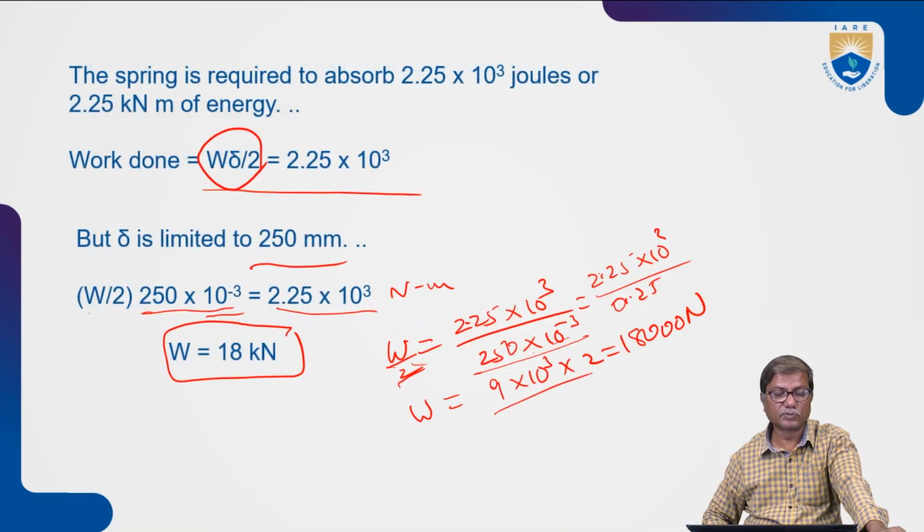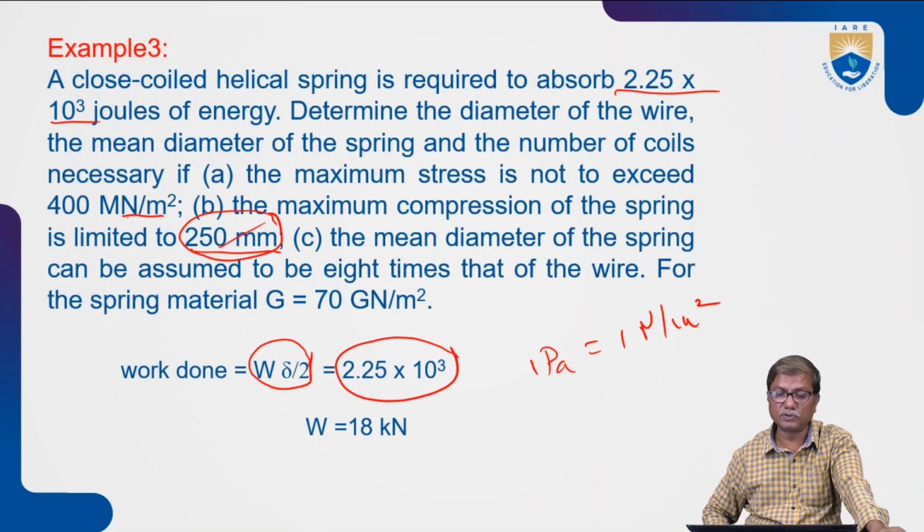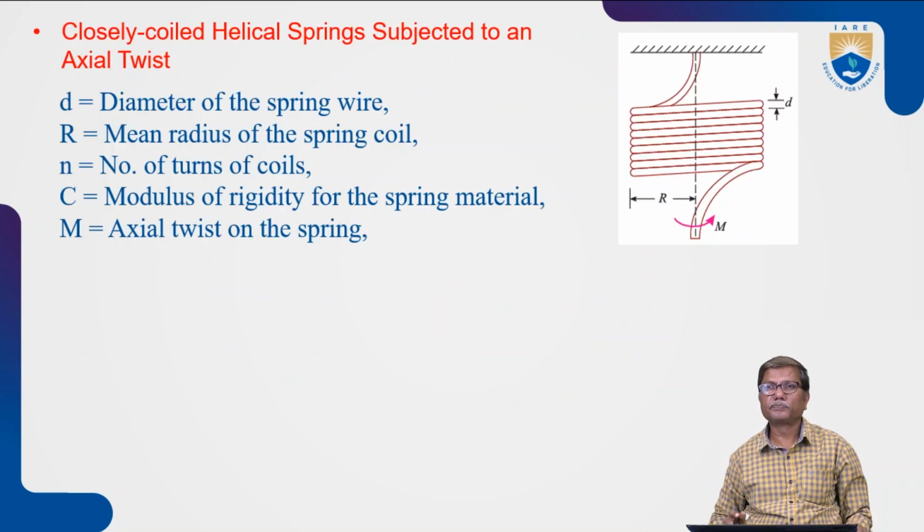We have delta limited to 250 mm and shear stress limited to 400 Newton per mm square. Okay. Now that is about the spring, close coiled spring subjected to axial force.